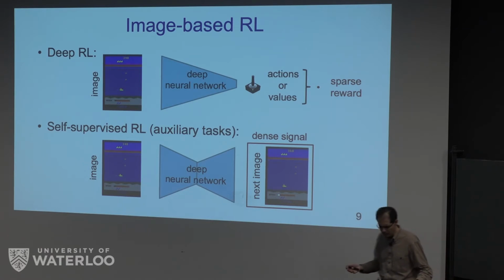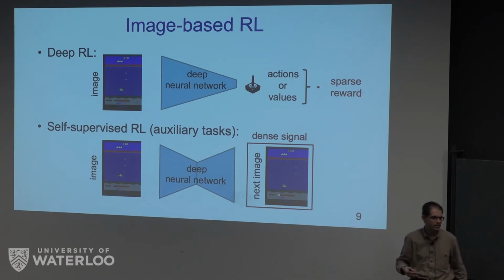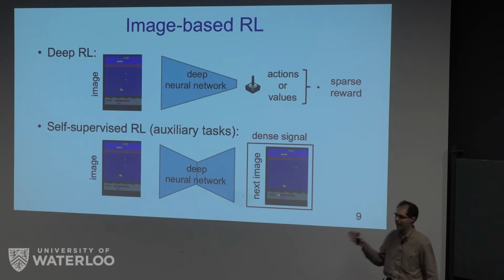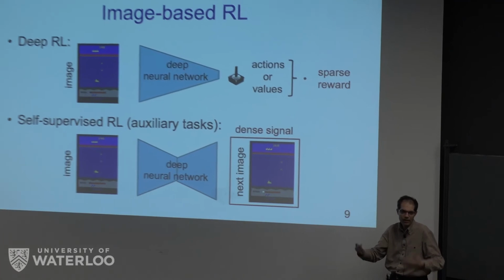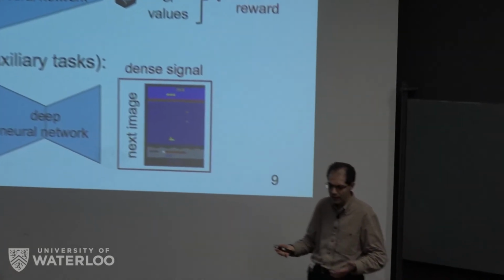Now you might say, why do we care about predicting the next image? We're just going to get it at the next time step. Sure, but the point is a reinforcement learning agent is trying to select actions that are going to allow it to perform well in the game. And if it can predict what's going to happen in the game, then that helps in terms of choosing those actions. So it's a natural thing that is useful.